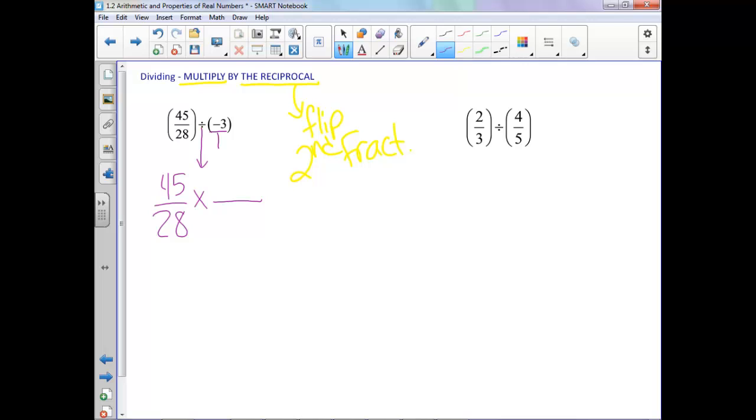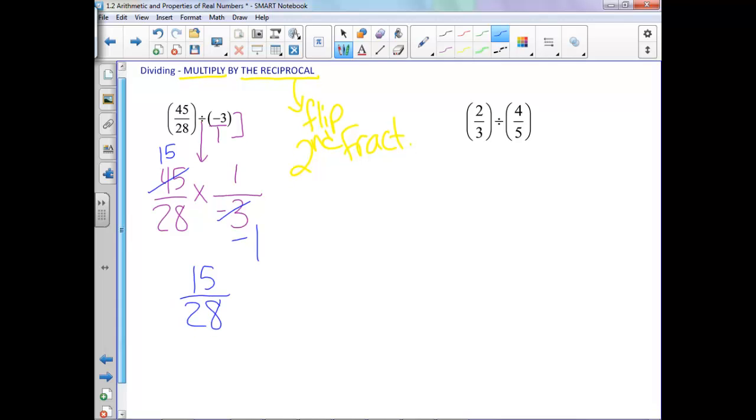And reciprocal means we're going to flip this second fraction, so it'll be 1 over negative 3. And now we'll use the same techniques we just did on the last page. And along the diagonal, 45 and negative 3, we can divide a 3 out from both. So negative 3 divided by 3 is negative 1. 45 divided by 3 is 15. Now multiply across, we'll get 15 over 28.